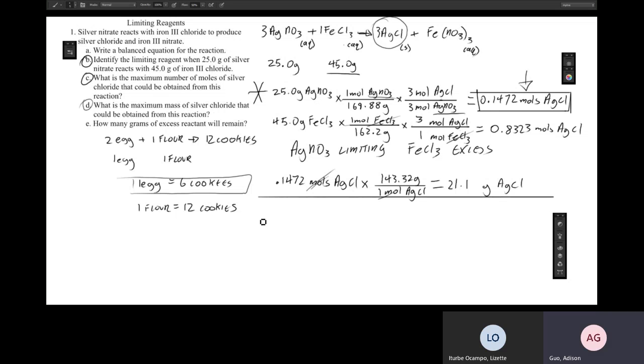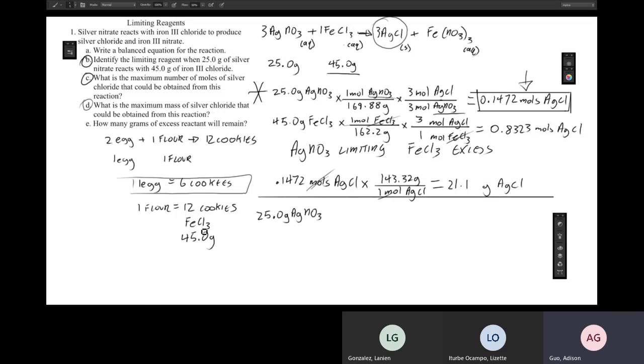With our 25.0 grams of AgNO3, we have to, well, basically we started with 45.0 grams of this iron chloride. And since this is the excess, we used some of it up and we're going to have some extra left. So what I'm going to do is find out how much we used up. To do this, it's a lot like this problem right over here. So what you do is you start by turning this into moles.